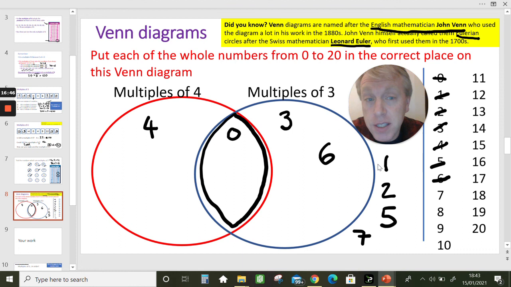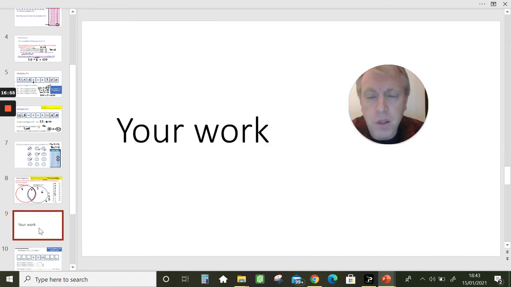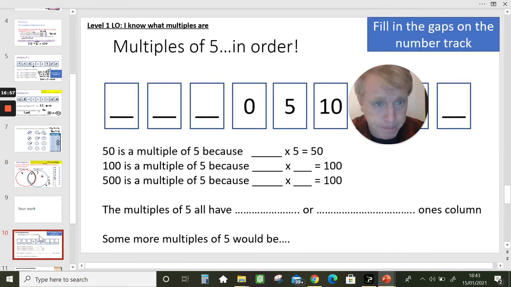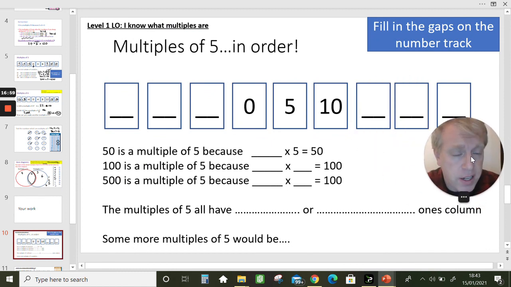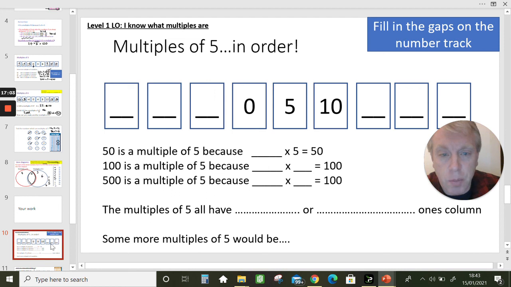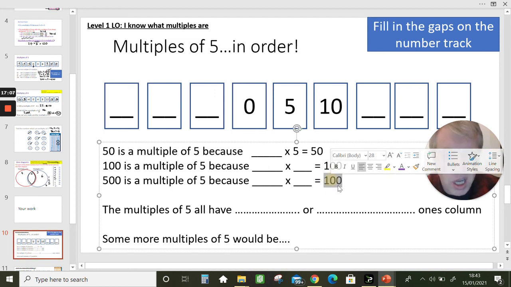I hope so, because I know that Venn diagrams are things that we start looking at in year 3. So, your work today, the worksheet to have a look at, starts level 1, looking at the multiples of 5 and some questions about that. We better change that one there.